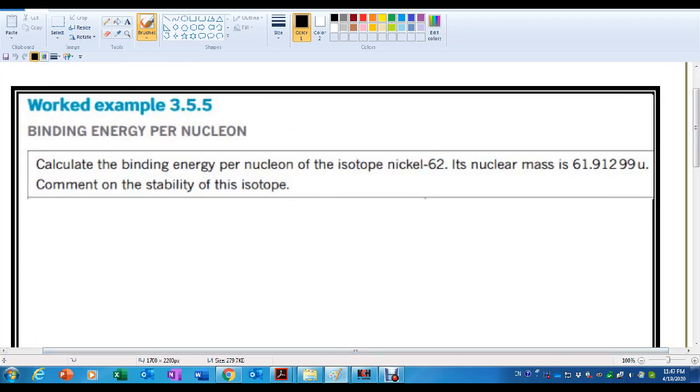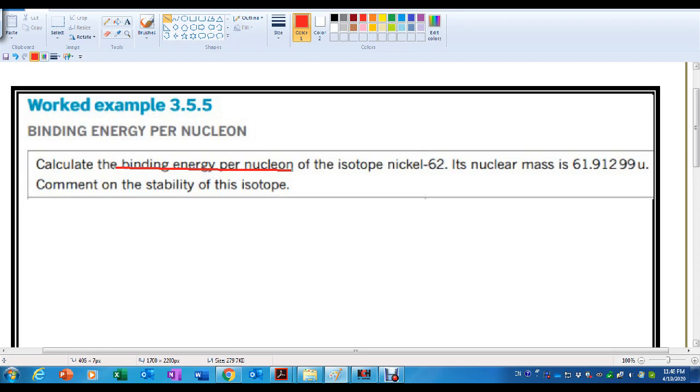Okay, so we need to do this. Calculate the binding energy per nucleon for nickel 62, whose nuclear mass is 61.9 something U. To find the binding energy per nucleon, first you need to find the binding energy, right?